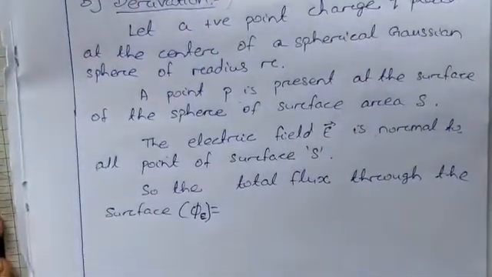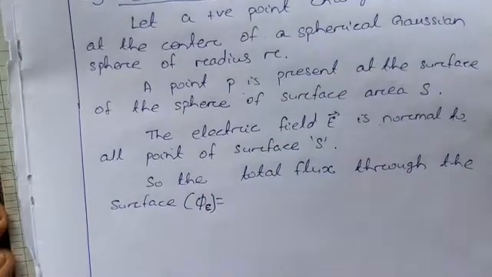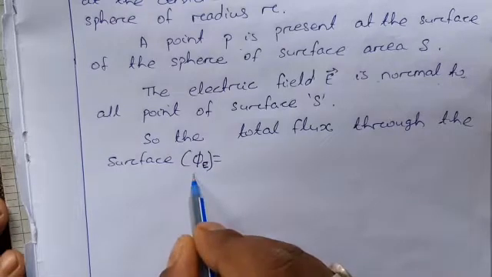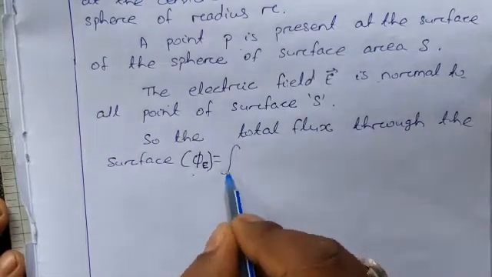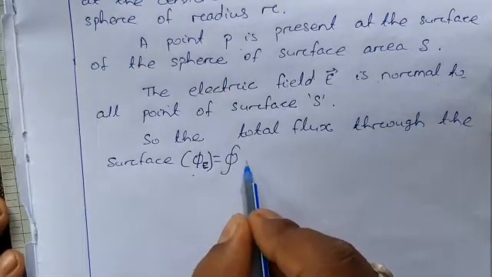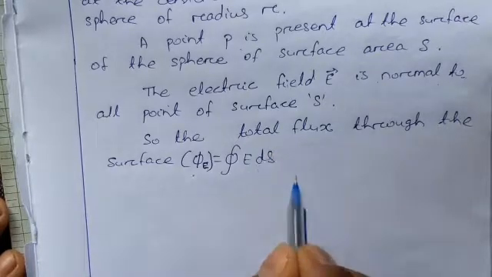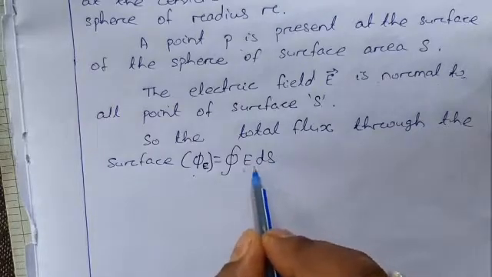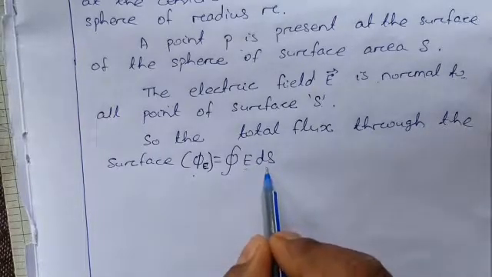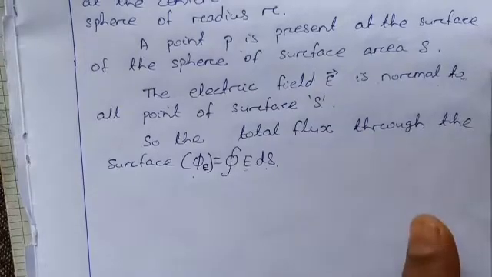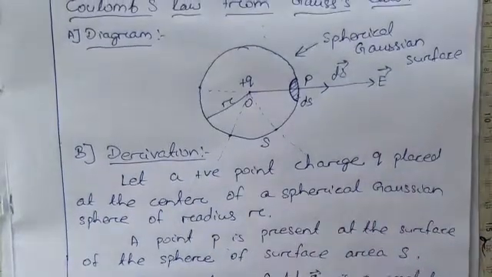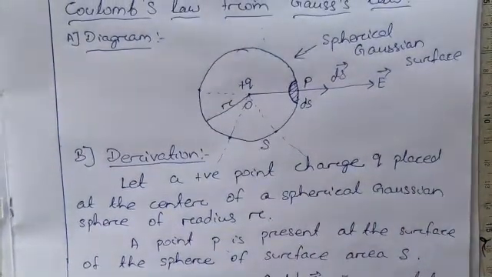So the electric field is normal to all points of the surface S. So the total flux through the surface, phi E, equals the closed surface integral of E ds. Here I have written E ds, not E dot ds, but E dot ds will be the same, because the direction of the ds vector and the electric field is the same, so the angle between them is 0 degrees. So I can write E ds.